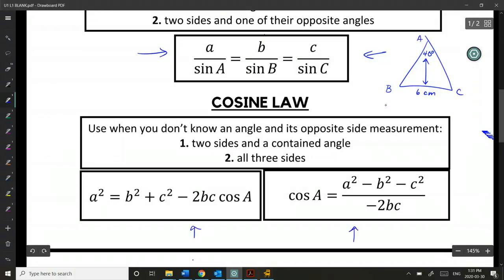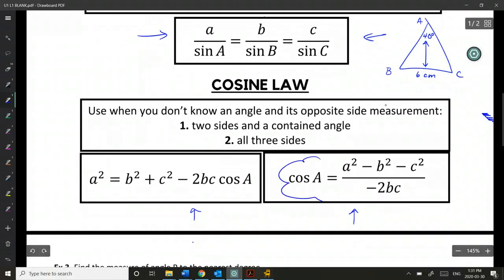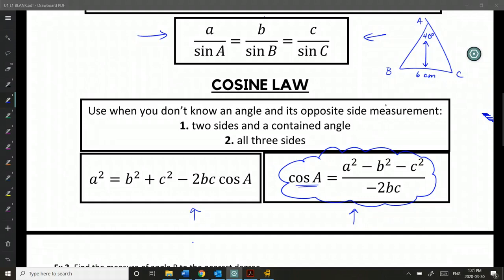They're just rearranged versions of one another. It's really just the same formula with different things isolated. So for instance, this one, I would use if I know all three sides and I'm looking for an angle. And this one I will use if I know two sides and I have the angle that's in between those two sides, the contained angle.